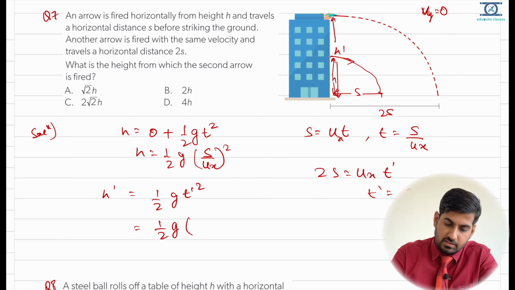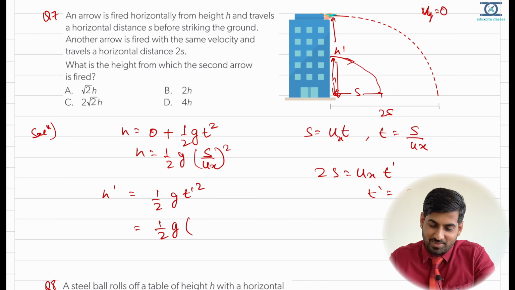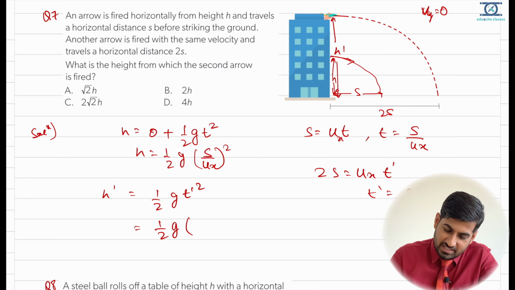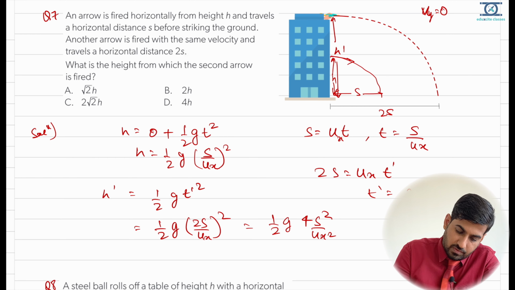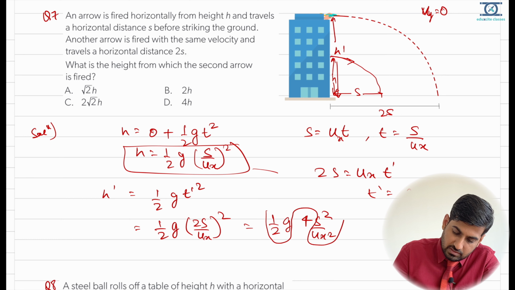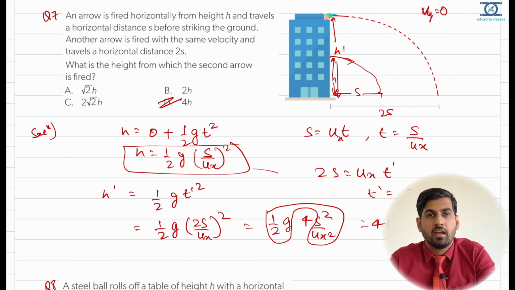My mistake, sometimes I also make calculation errors, no worries. So I have made it correct now. So t dash is 2s upon ux, so this will be half g times 2s upon ux whole square. If I open the bracket, half g 4s square upon ux square. So if I use this, I can replace half g s square by ux square as h, so it will be 4h. So option D is the right answer.